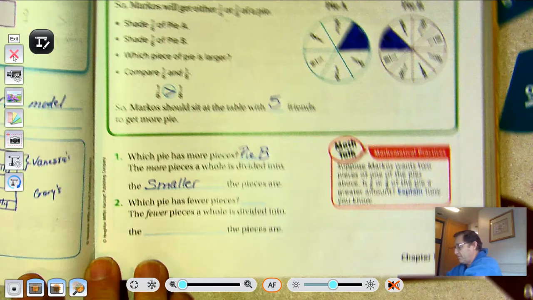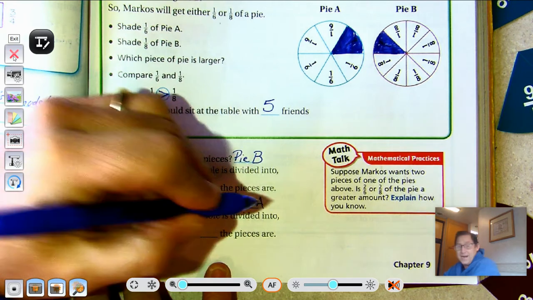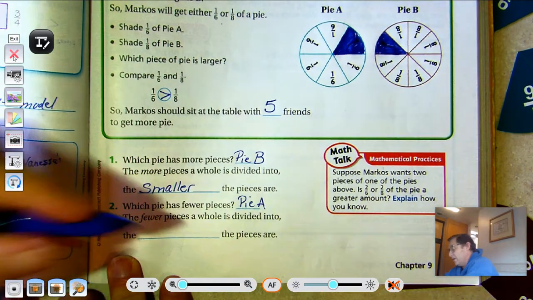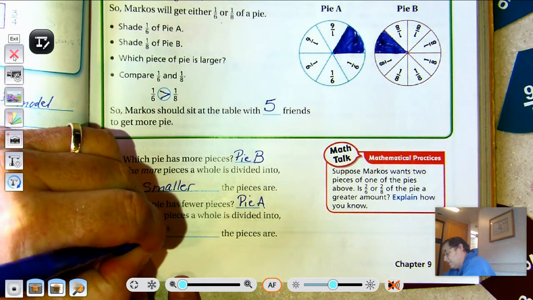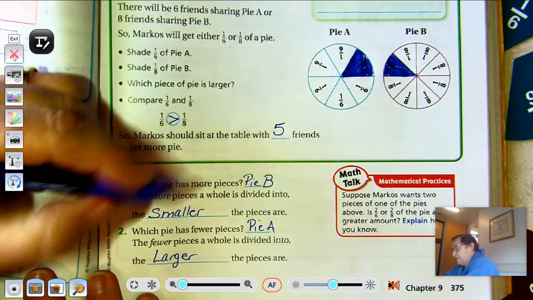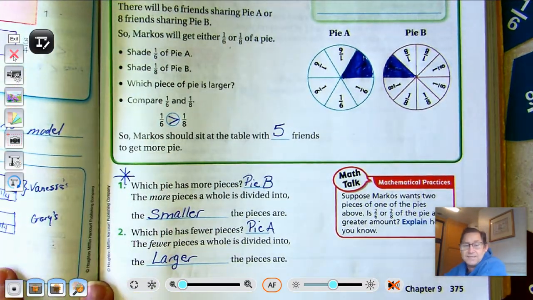Which pie has fewer pieces? Pie A. And the fewer pieces a whole is divided into, the larger the pieces are. Okay, so this is a very important idea for today's lesson.